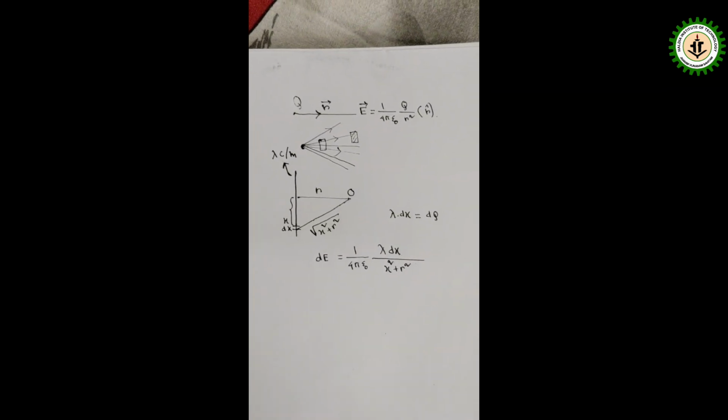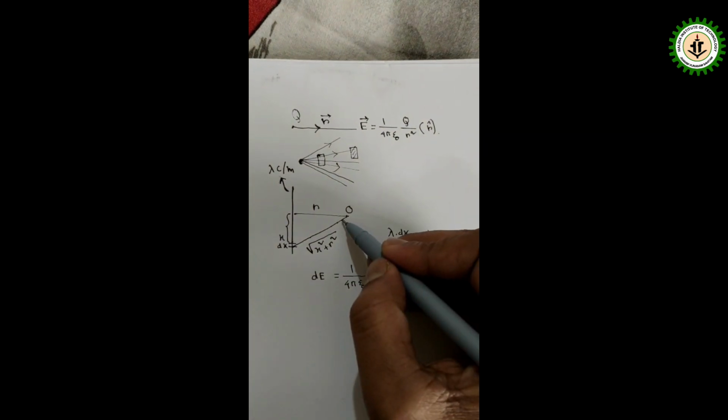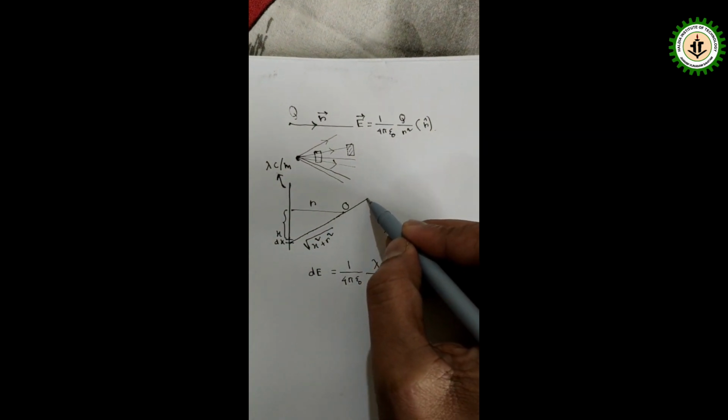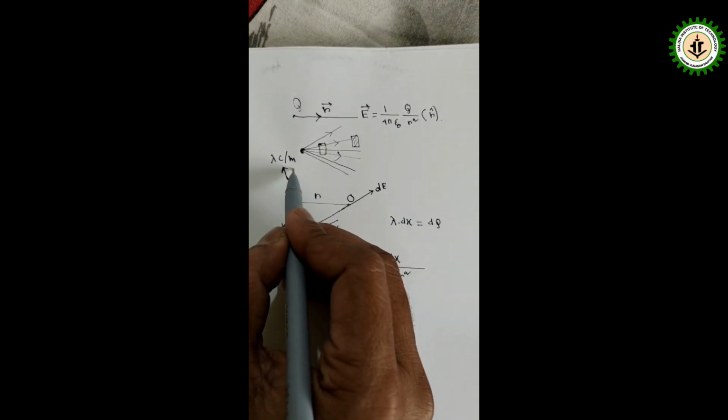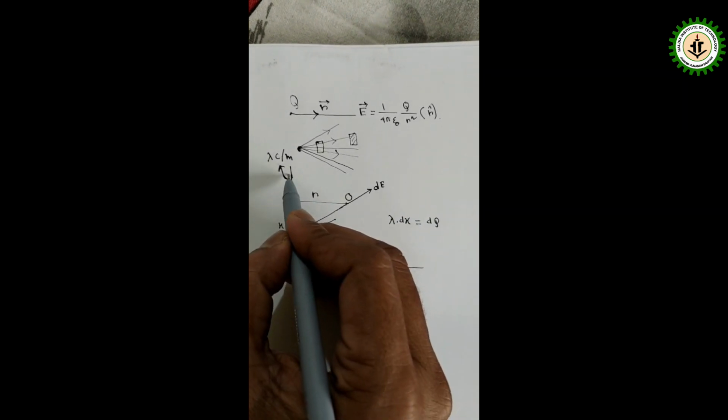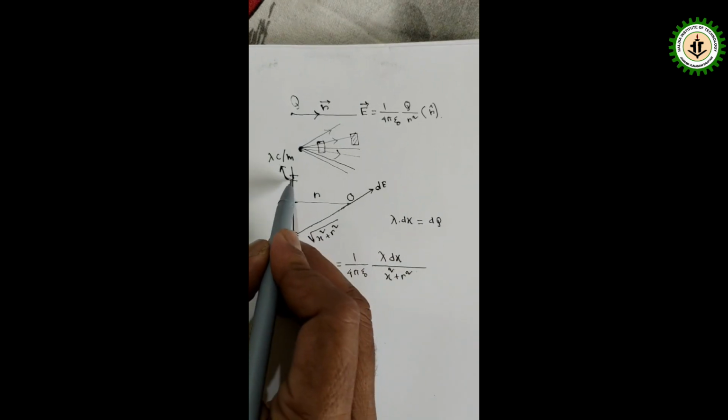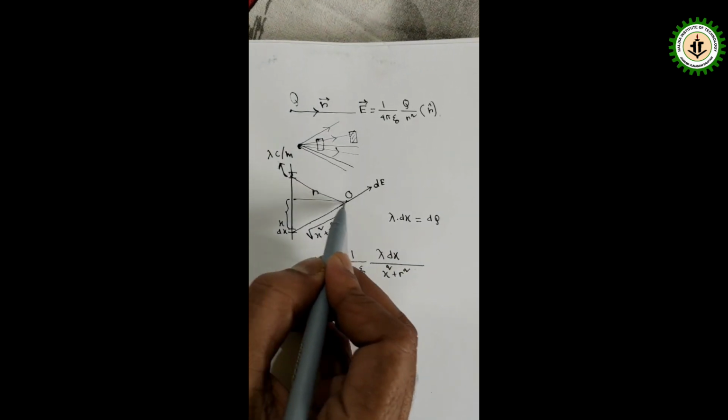But the electric field is always outward for a positively charged wire, so this is the value of dE. Similarly, if I take a symmetrical portion, the electric field for that dx will also act along this direction.